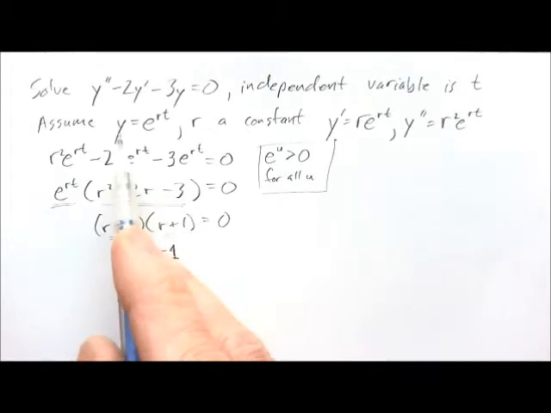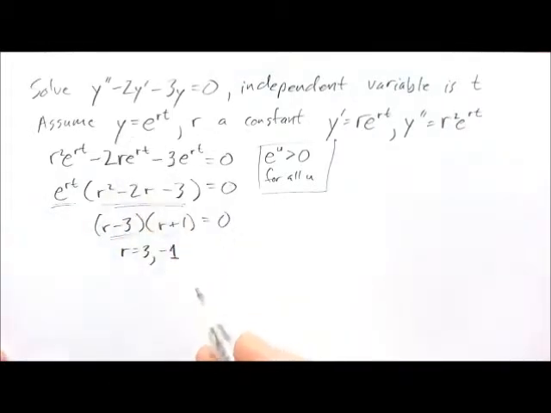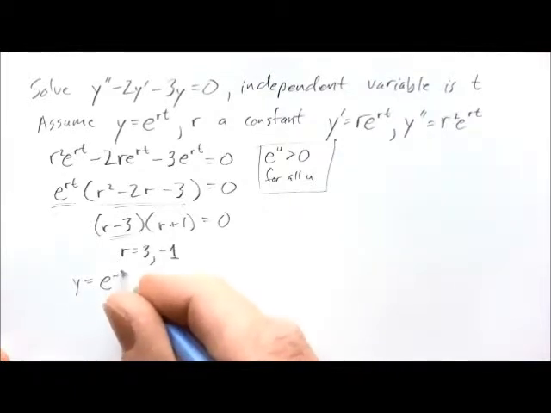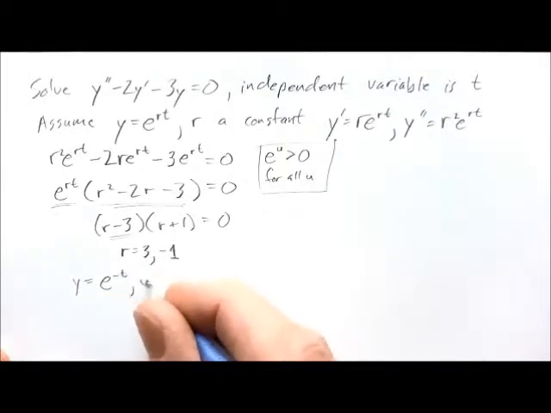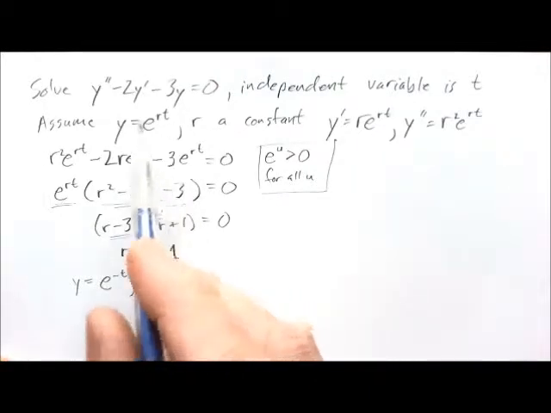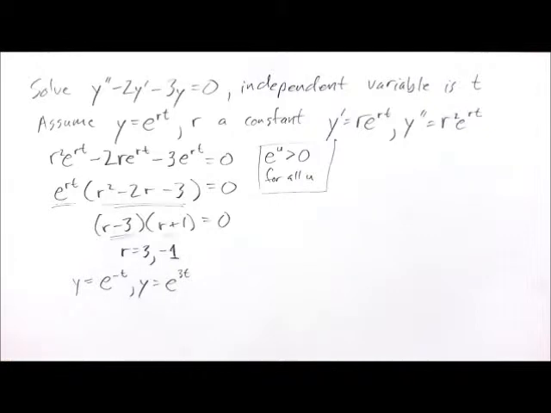Remember, our assumption was that y equals e to the rt, and so we have y equals e to the negative t, and y equals e to the 3t are both solutions, or should be solutions, to our original differential equation. And you might remember what we saw earlier is that if we multiply either of these by a constant, any constant, it will still be a solution.